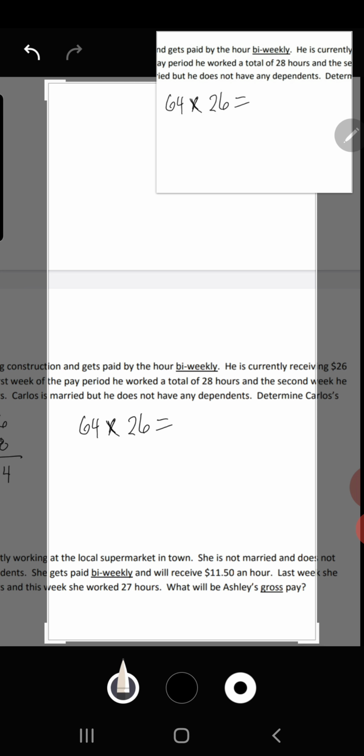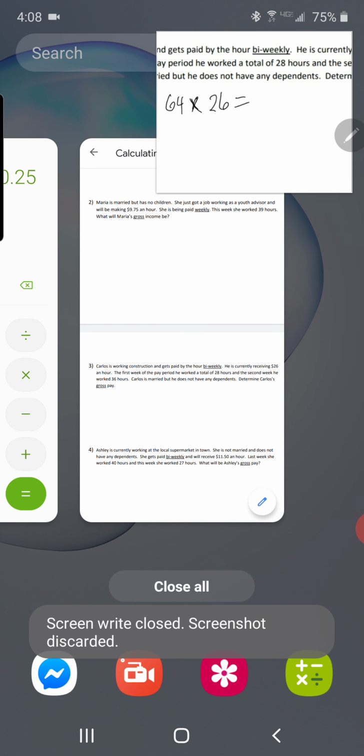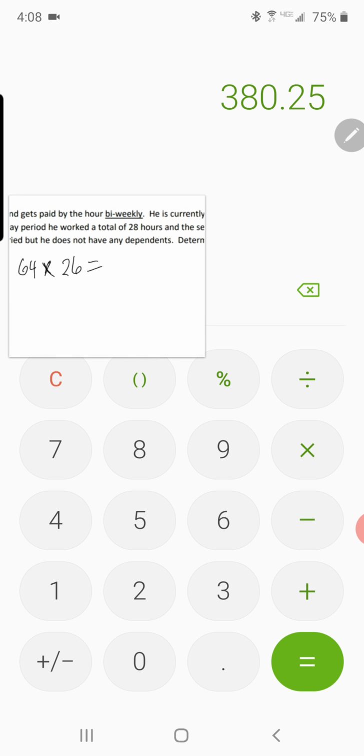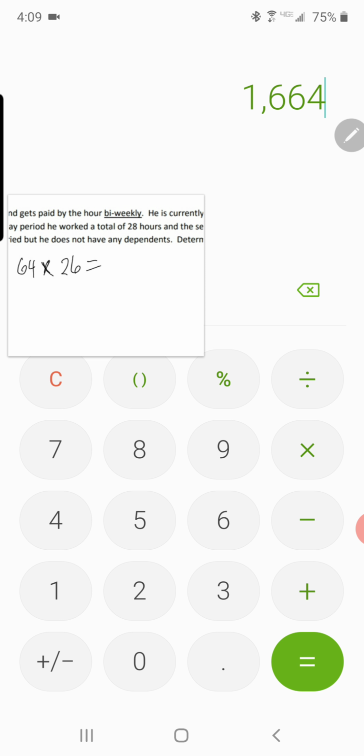One second, guys, sorry. I'm trying to keep my notes here as well. All right, so Carlos, his bi-weekly paycheck will be 64 times 26. So his gross pay would be $1,664.